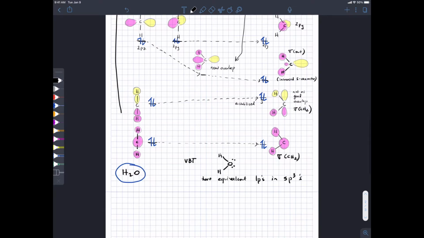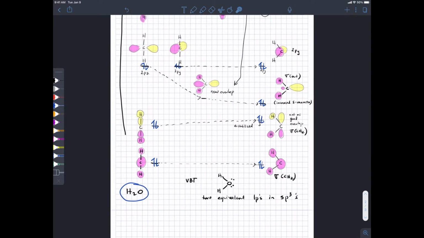We can formulate it that way, but frankly, it's very environment dependent. I think this picture is of a lone water molecule by itself in the gas phase. You put other water molecules nearby to interact with, and things can change.